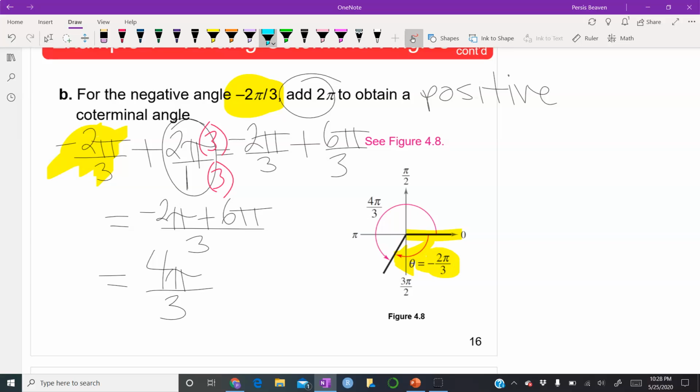Now what happens if we start from the positive x-axis, but go in the counterclockwise direction this way, and stop at the same terminal side of that angle? That will be equal to 4 pi over 3. And you can check that if you go back to your notes.